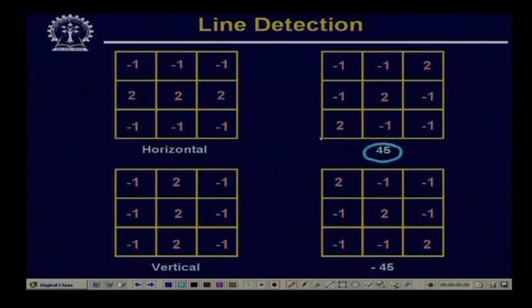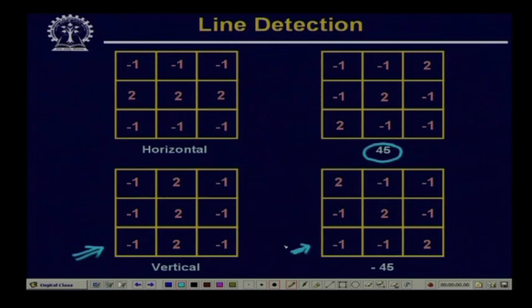Similarly, the other mask, which is marked here as 45, if you move this mask over the entire image, will help to detect all the points in the image which lie on a line inclined at an angle of 45 degrees. Similarly, this mask will help to detect all the points which lie on a vertical line. And similarly, this mask will detect all the points lying on a line which is inclined at an angle of -45 degrees.